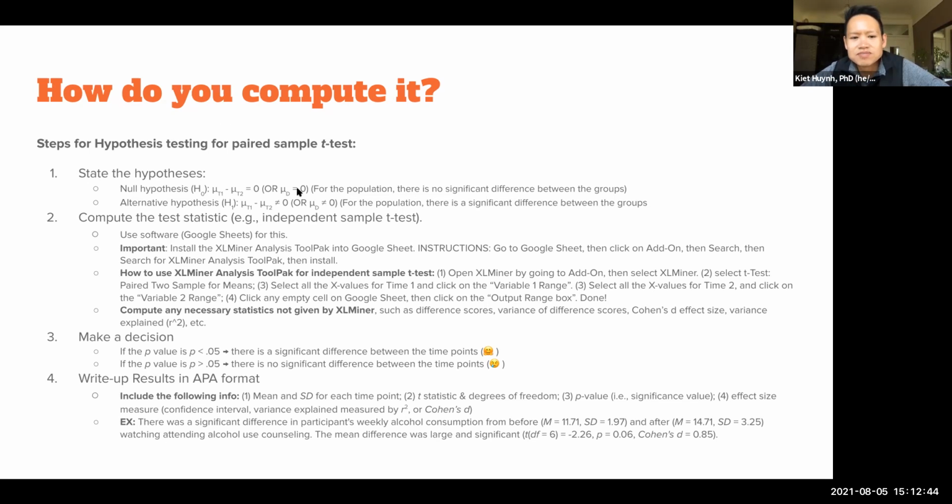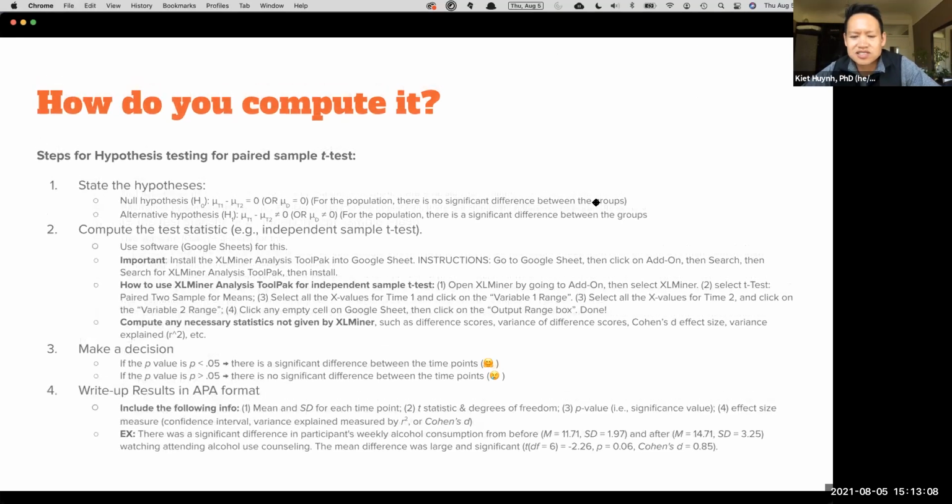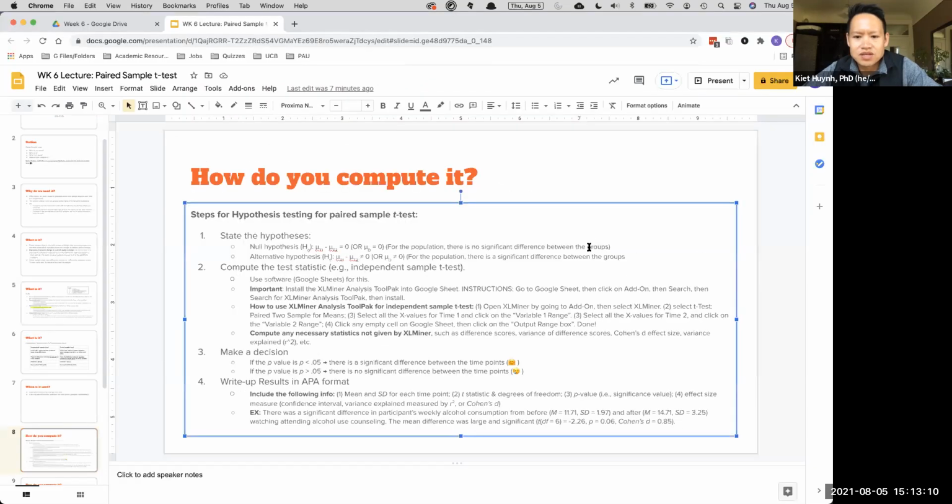And mu sub D equals 0 is just another way of writing it. The D stands for the difference in the mean from time 2 to time 1. So in words, the null hypothesis states that for the population, there's no significant difference between the time points.